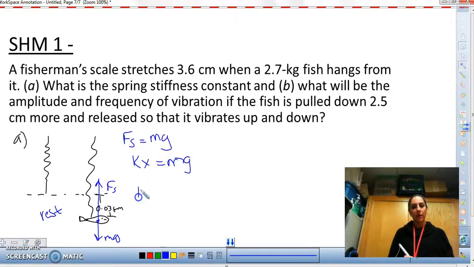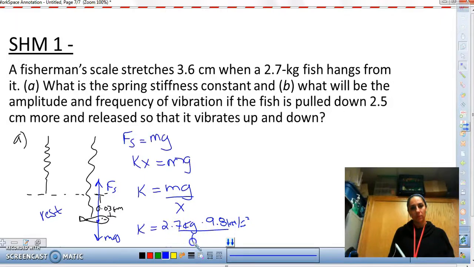And then we're looking for the k constant. So k is going to equal mg over x. So k will be mass times g over x.